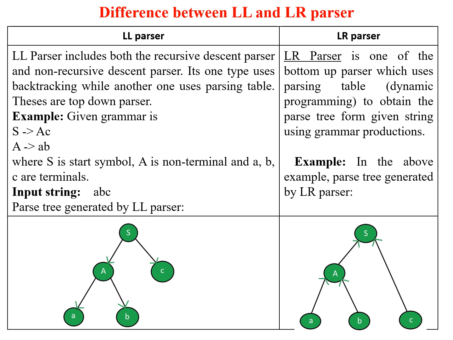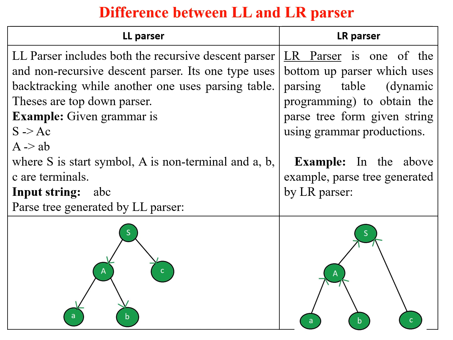Let the grammar be S derives AC in one production, and the production A derives terminal symbols AB, where S is the start symbol and capital A is a non-terminal. Of course, the start symbol also comes under non-terminal only. Then A, B, C are terminal symbols.